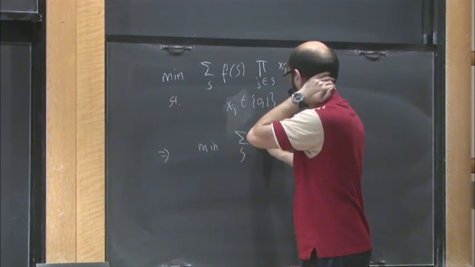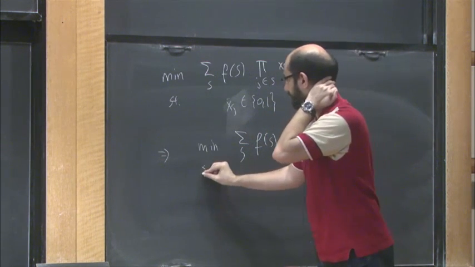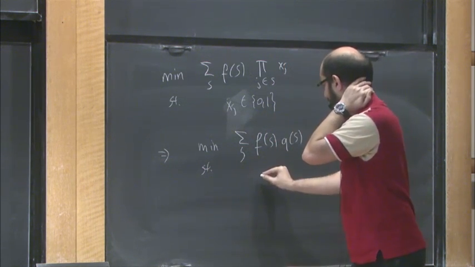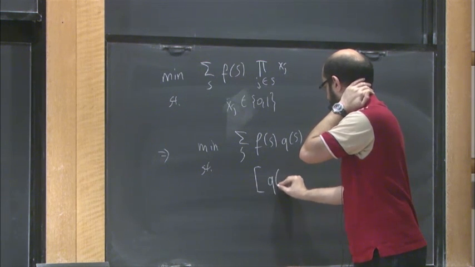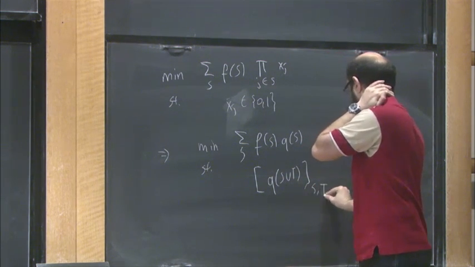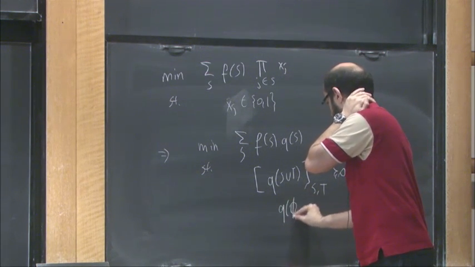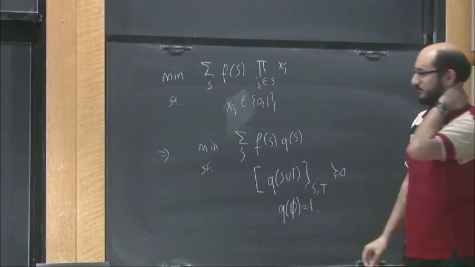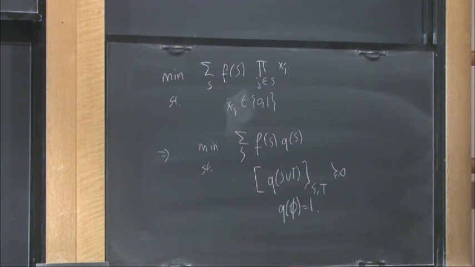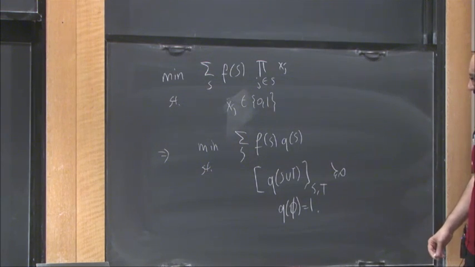Minimize the sum of F_S times Q_S. So basically, we don't want the trivial solution of all zeros.